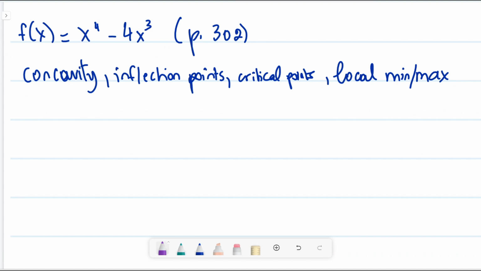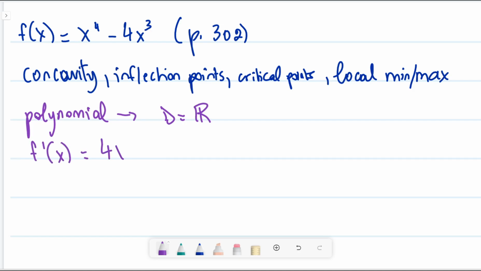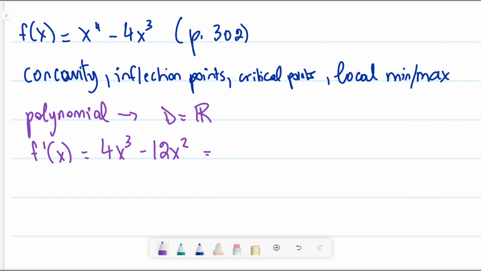So first of all, let's point out that f of x is a polynomial, so the domain is all real numbers. Let's now proceed to find the first derivative. It's equal to 4x cubed minus 12x squared. Let us factor it. We factor out the 4x squared. This leaves us with x minus 3.